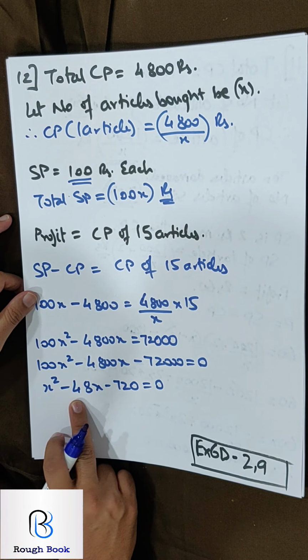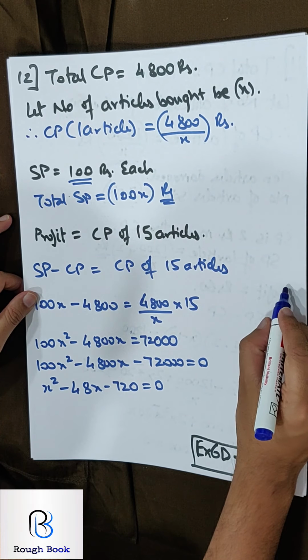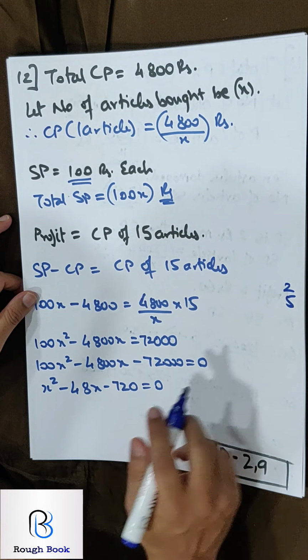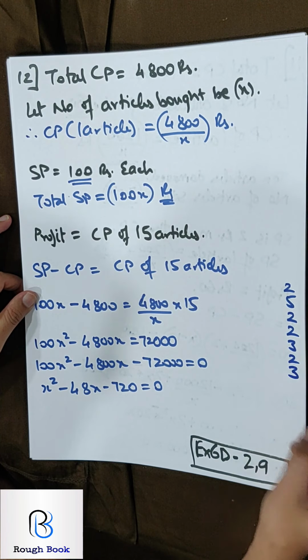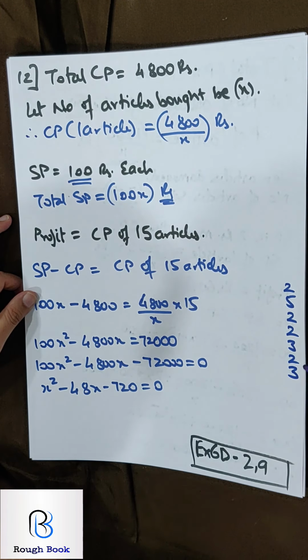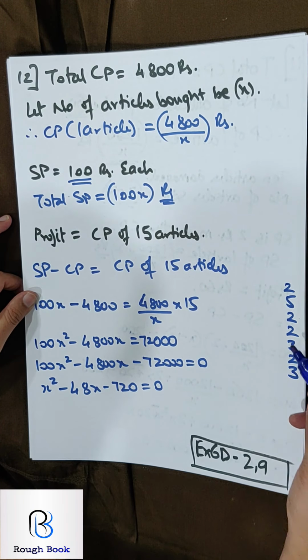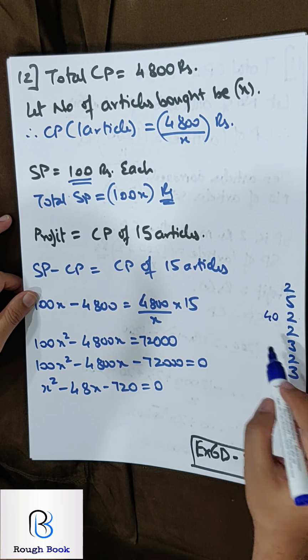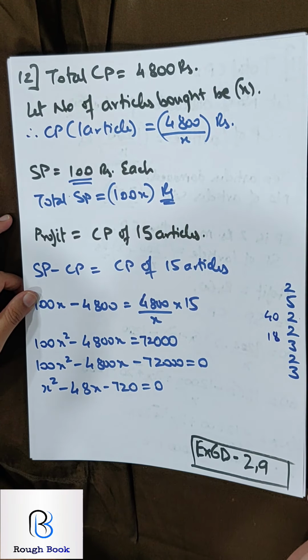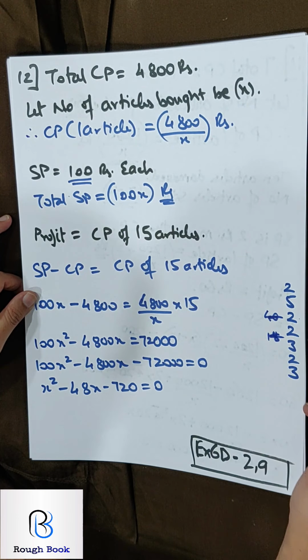So 720 for 48. So 720 can be 2, 5 is 10 and 720 is 12 times 6, correct? So now for 48, let's see what factors can be built. 5 2s are 10, 2s are 20, 2s are 40 maybe, and 3 3s are 9, 2s are 18. No, not possible. So we'll have to take some other combination.